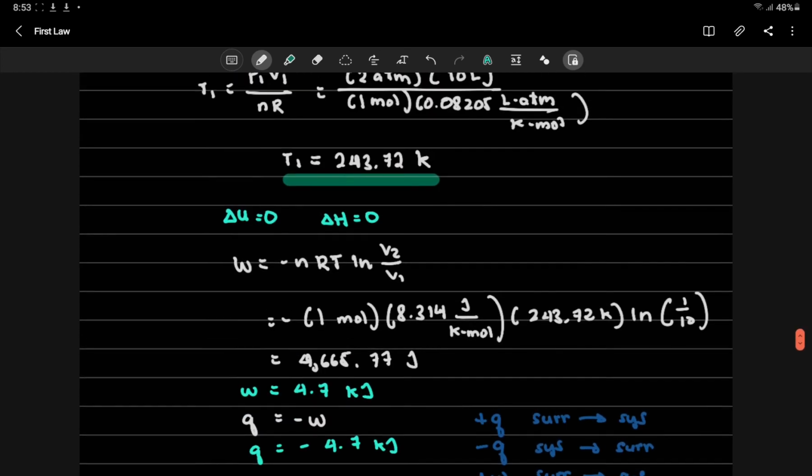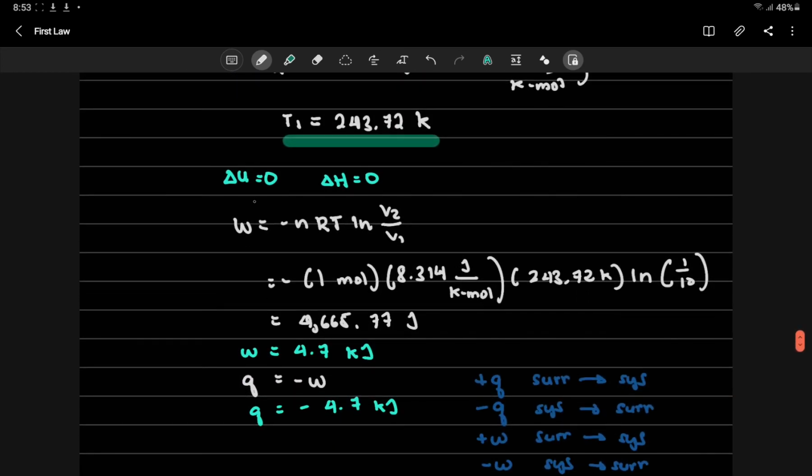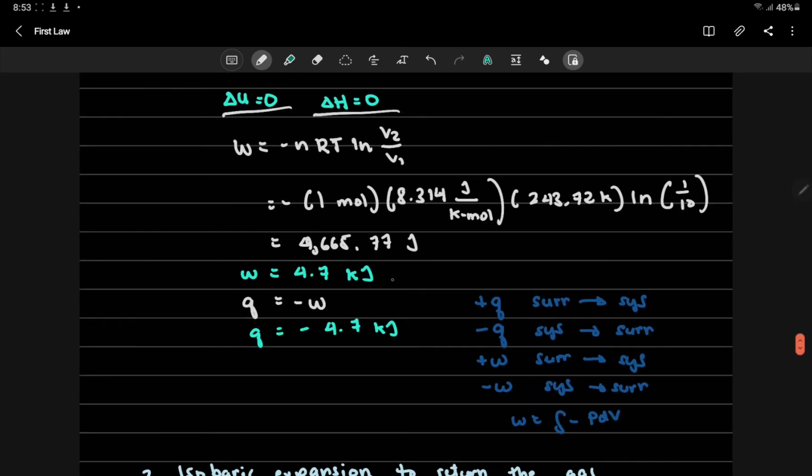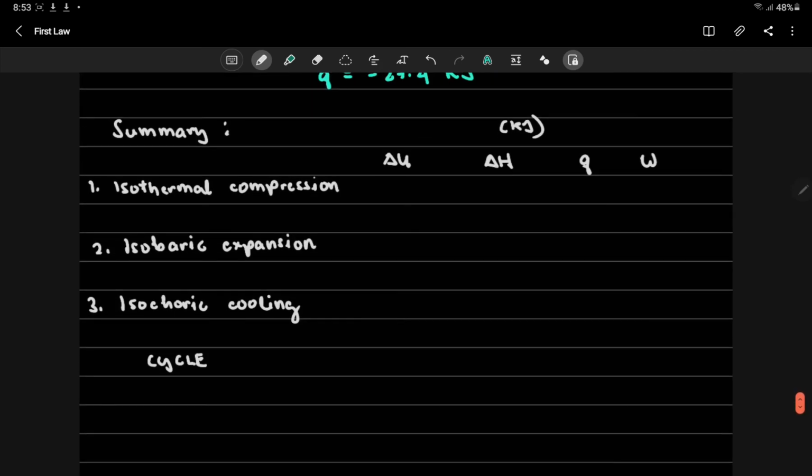So these are the values that we obtained: 0 for delta U, 0 for delta H, and for work it's 4.7, for heat it's negative 4.7. So ilagay lang natin yon doon sa nabuo nating table. So 0, 0, minus 4.7. Then here it's positive 4.7. And let's fill in the rest.